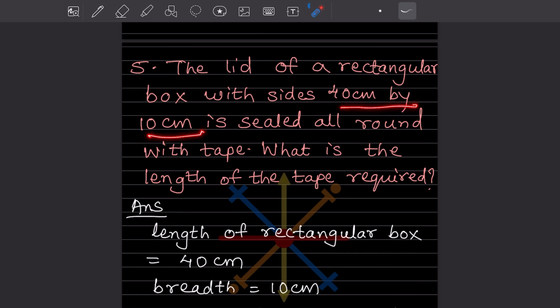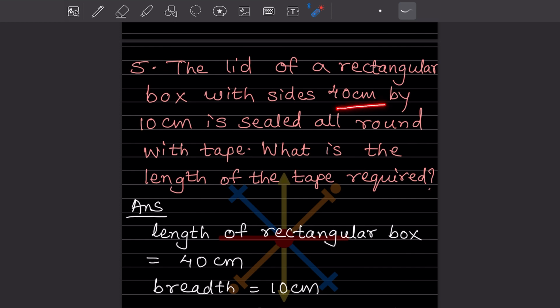Now they said here, the lid of a rectangular box with sides 40 centimeter by 10 centimeter is sealed all around with tape. So there is a rectangular box and this is sealed with tape. What is the length of the tape required? Meaning how much tape they have used over here. So what will you do here?